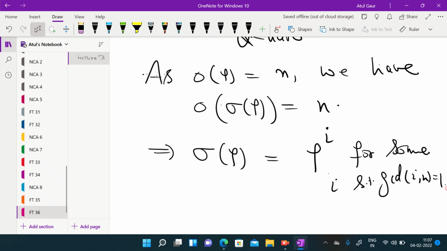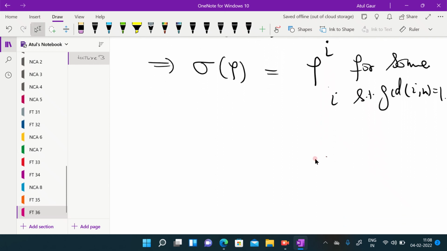So now I know that if sigma is a Q automorphism, then sigma rho is precisely rho power i for some i which is relatively prime to n. Okay? So basically, if i is relatively prime to n, where does i lie? In U_n.